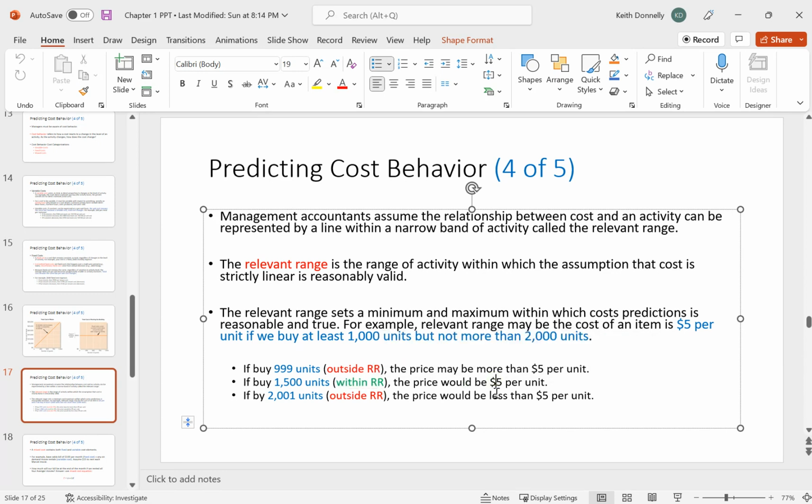Our statement, it will cost $5, holds true. If, however, we depart from that relevant range, maybe we buy 990 or 2001, we're getting outside of the range, our assertion of $5 per unit may not necessarily hold true. So maybe it would become more than $5 per unit or less than $5 per unit.